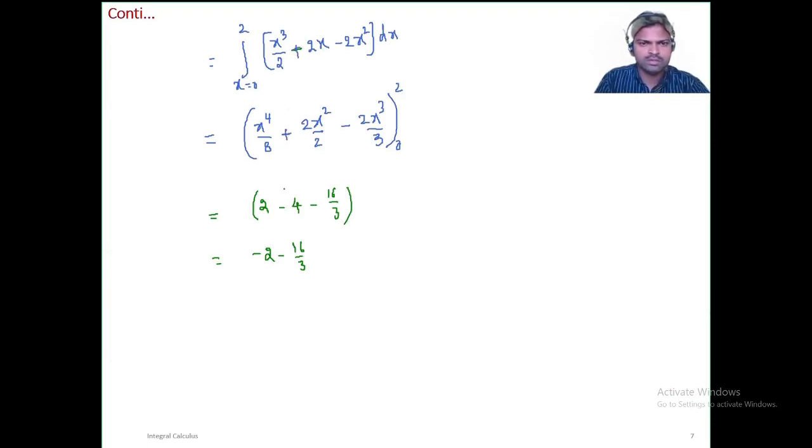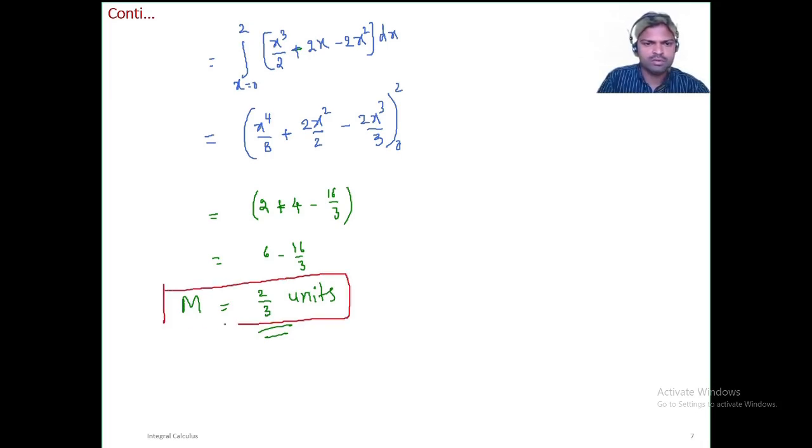So 4 plus 2 is 6. So 6 minus 16 upon 3, now what will we get? 18 minus 16, so 2 upon 3. This is the mass, the mass of the triangular portion.